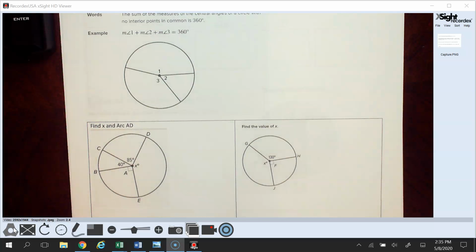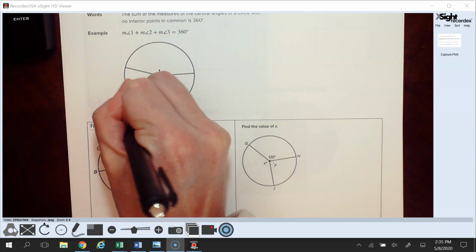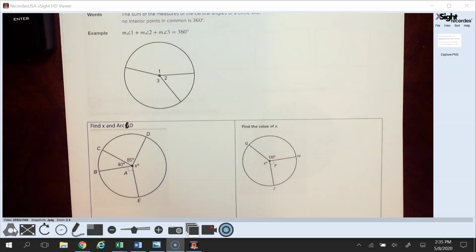So for this first example, it asks us to find angle X and then the measure of arc CD. Sorry, that's a typo there. Let's fix that. Arc CD. So let's find those two things. First of all, let's find CD because that shouldn't be too bad.